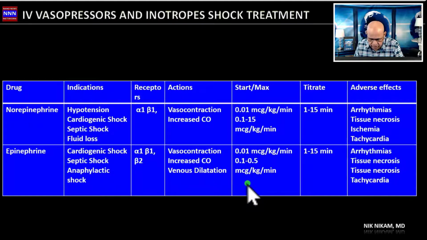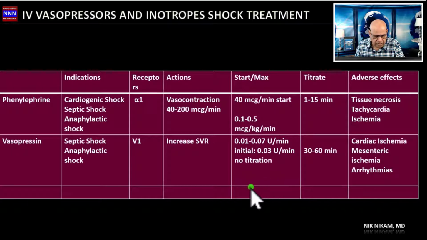The dosages are 0.01 microgram per kg per minute. The dose range is 0.1 to 0.5 micrograms per kg per minute, and the titration is similar to that of norepinephrine, and we see similar side effects from this drug.